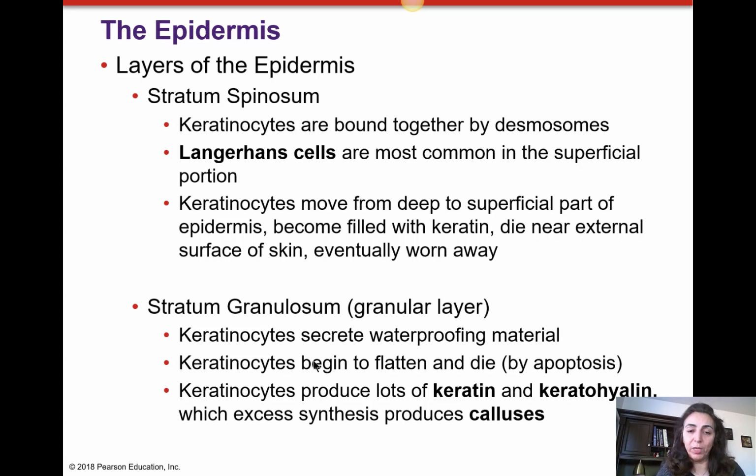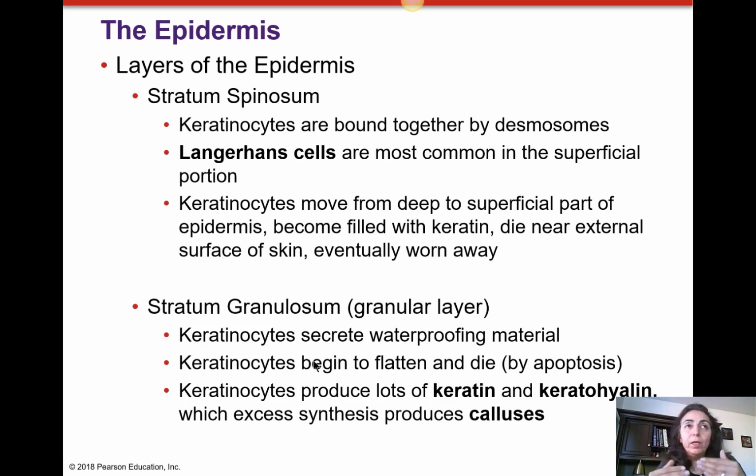It starts from the stratum basale. From there, the keratinocytes come into the stratum spinosum and move upward toward the surface. As they move upward, they produce more keratin and fill with more keratin, until eventually the only thing that remains is keratin.